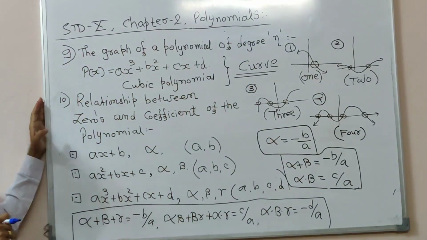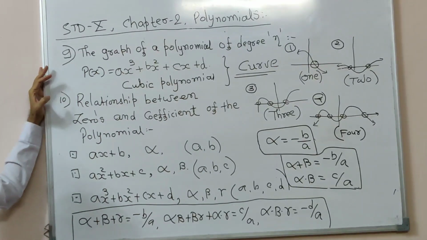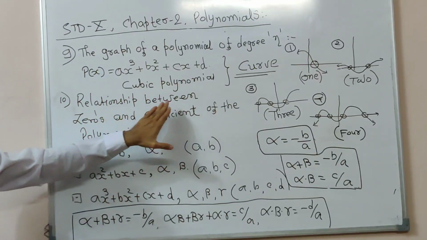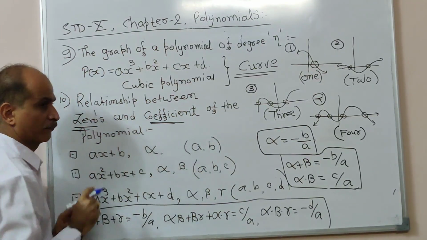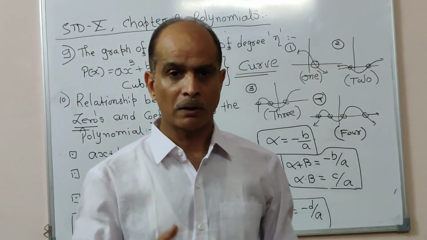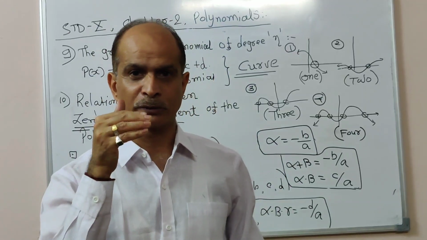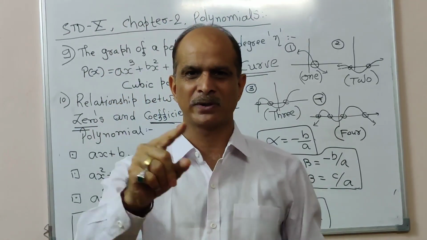Well, now let me start another article, a very important article of this chapter: the relationship between zeros and coefficients of a polynomial. You know what a zero is? We have already discussed that if p(k) is equal to 0, then k is known as a zero of the polynomial.